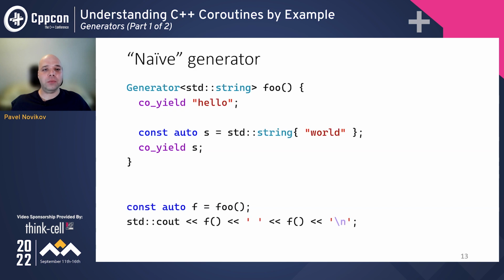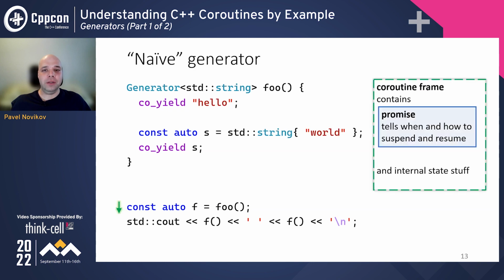We can use this generator like this. We call our generator function. Here, a so-called coroutine frame is created for us. The coroutine frame contains a promise.